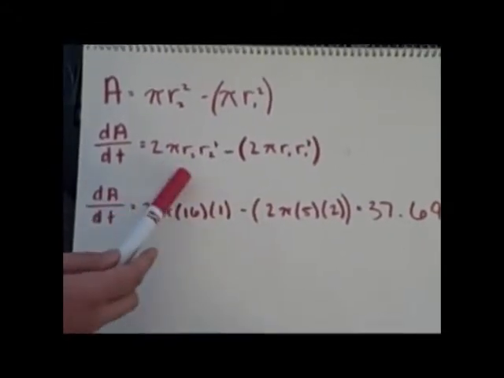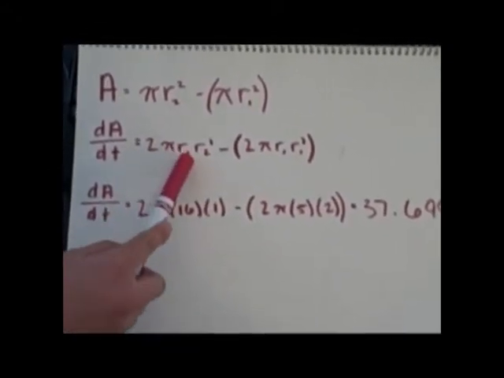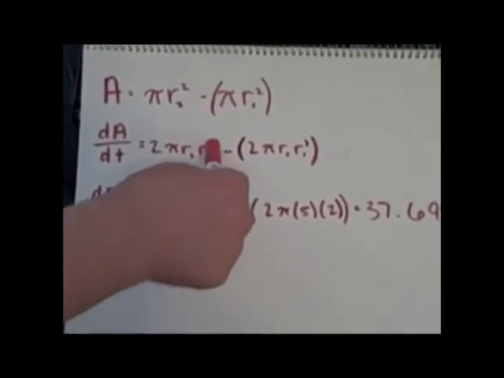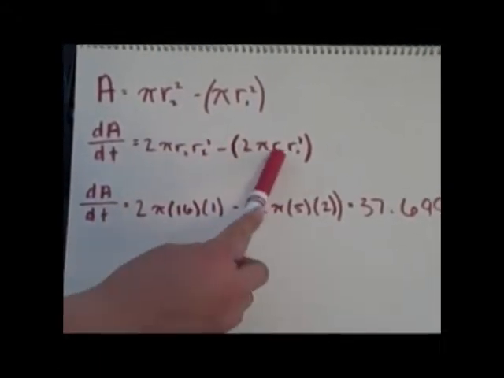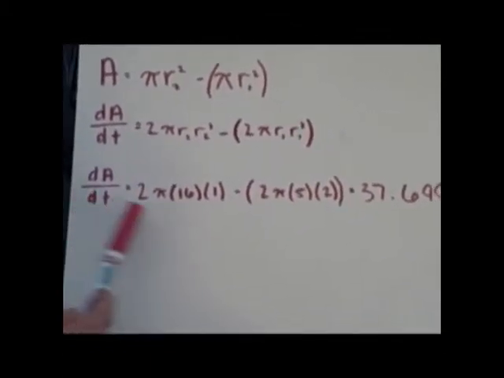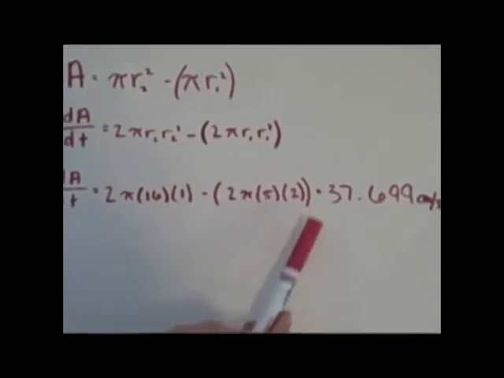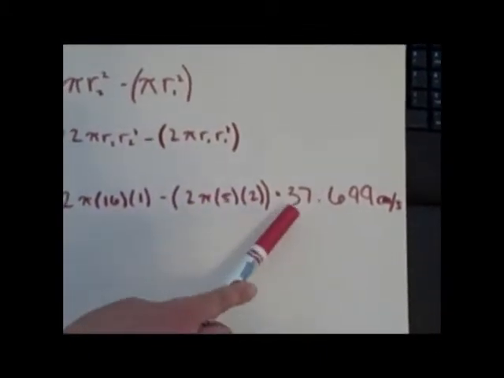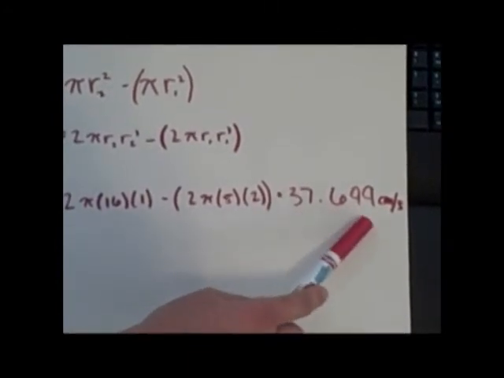These quantities are r, the radius of the bigger circle, and the rate of change of the radius of the bigger circle, and then the radius of the smaller circle and the rate of change of the radius of the smaller circle. When you plug in your values here and here, you end up with the rate of change of the area being 37.699 centimeters per second.